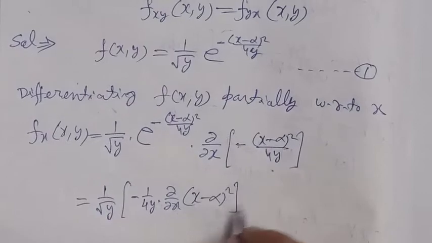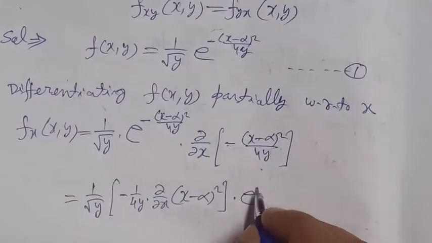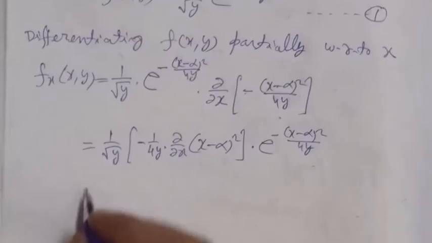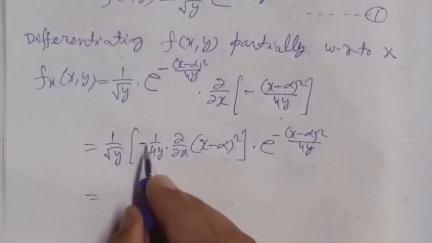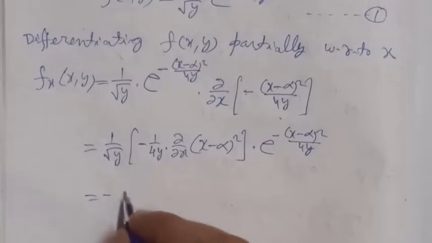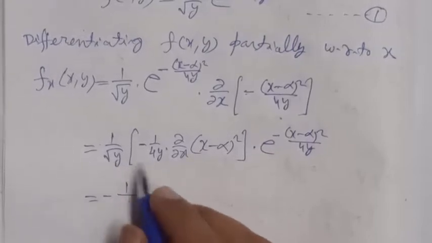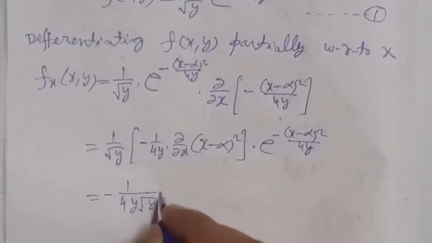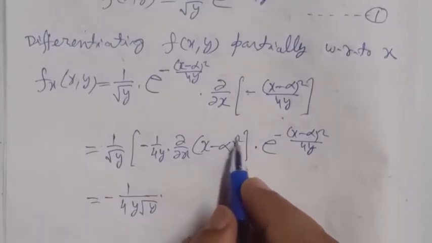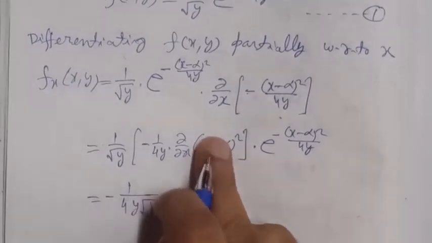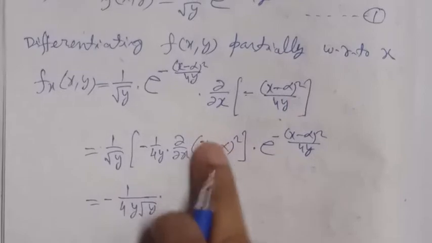Now e to the power minus (x minus alpha) whole squared upon 4y is equal to, we can take out minus 1 upon 4 times y square root y, and differentiate, considering x minus alpha as x.